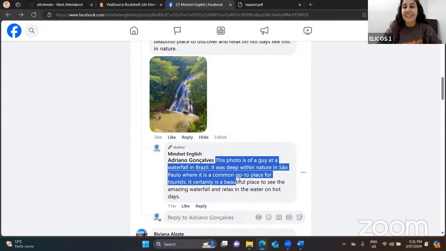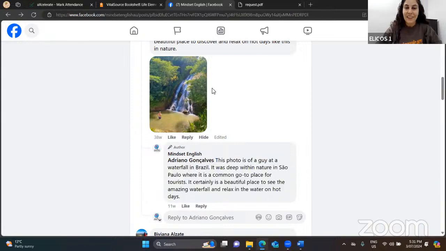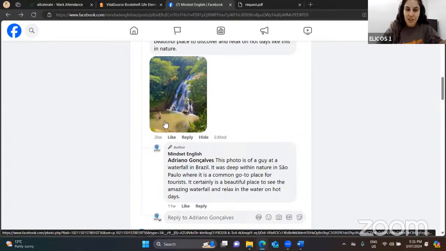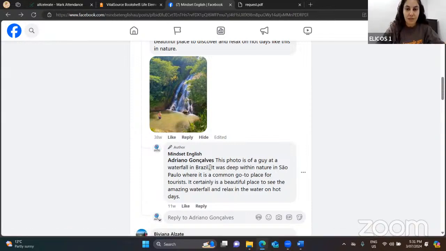It certainly is a beautiful place to see the amazing waterfall and relax in the water on hot days. So he is telling you that there is a man in this picture, there's a waterfall, and he told you where this photo was taken. It was in Brazil, and he told you how it felt, that it was relaxing to be in the water.